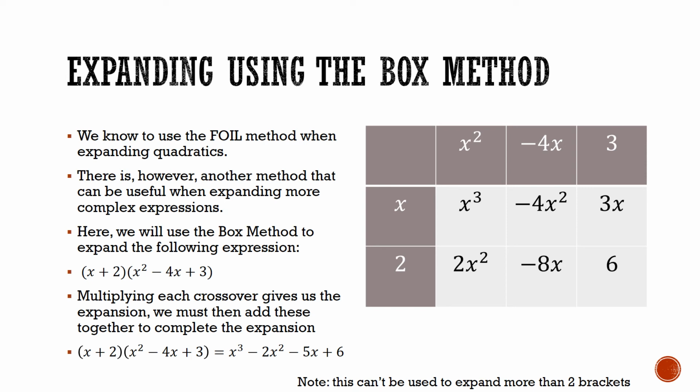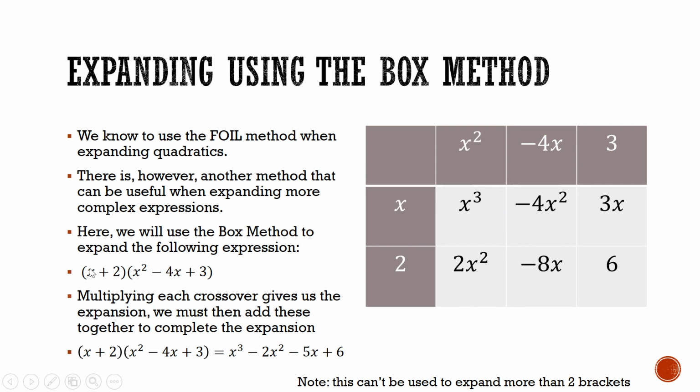So the advantage of this over FOIL is that FOIL is limited to two sets of 2 terms. So x plus 2 in bracket times x plus 1 in bracket, something like that. And the box method can have basically infinite terms within brackets, but it is still restrained in that it can only have 2 sets of brackets because it's a 2-dimensional table that we have here.